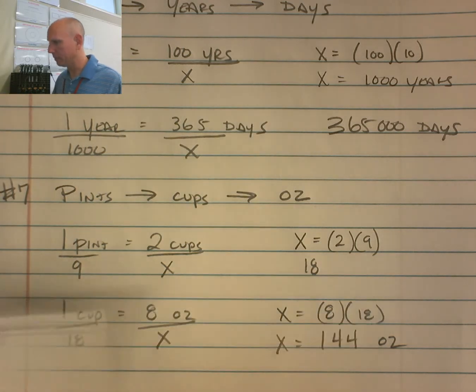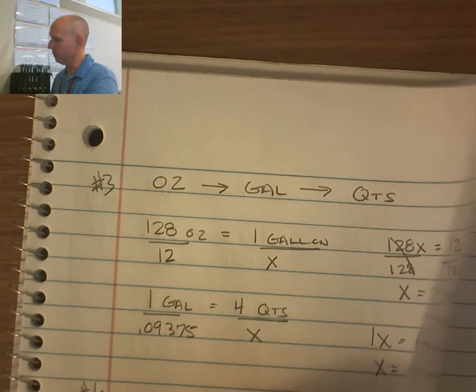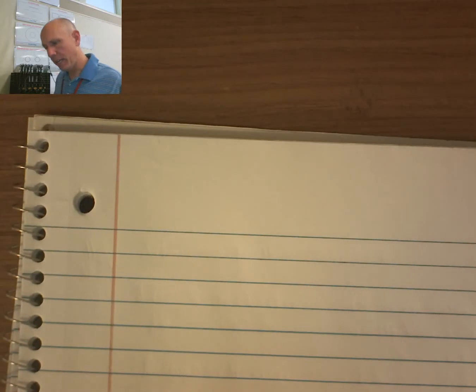And let's do one final one. Let's do number 10. Number 10, I'm converting cups to gallons, but I have to go through ounces.